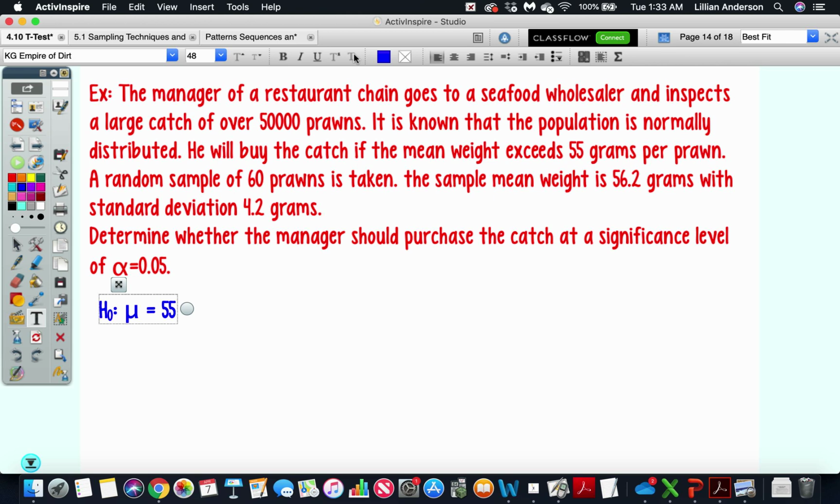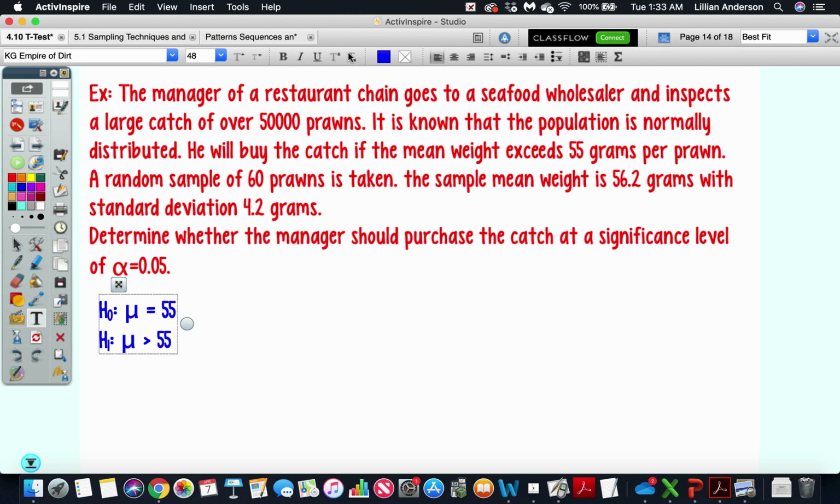And speaking of that one particular sentence, that part right there lets us know whether the alternative hypothesis is going to be greater than, less than, or not equal to 55. In this case, since it says the mean weight exceeds 55 grams per prawn, that lets us know it's going to be greater than 55.